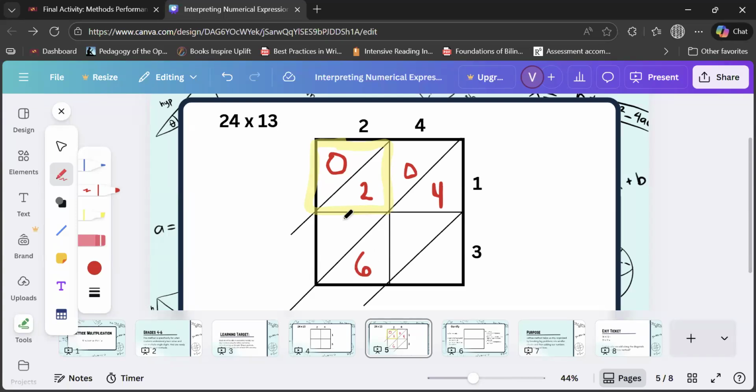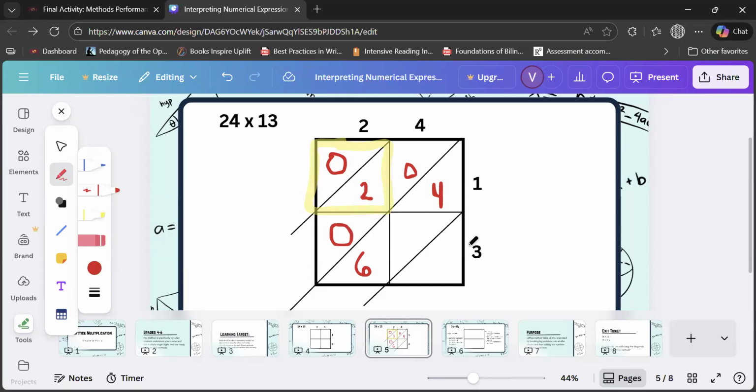We don't have anything in the tens place, so write a 0 so that when we move on to our addition later on, you don't get confused, and it also makes sure that you multiplied and that there are no missing numbers here, okay? So the 0 is kind of like a placeholder. There's nothing there.